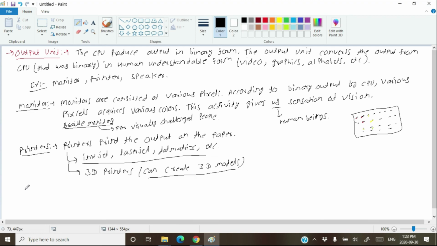After that, the third one I think you all know is the speaker. The speaker converts something in binary to an audible format.